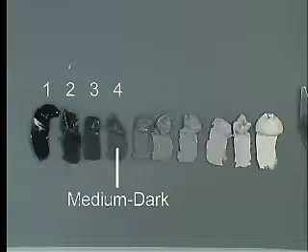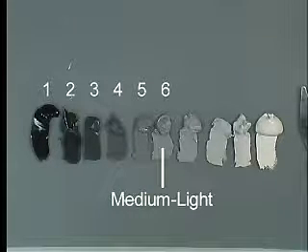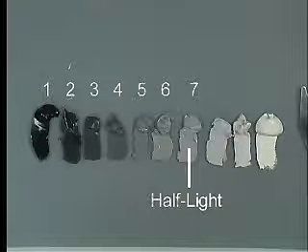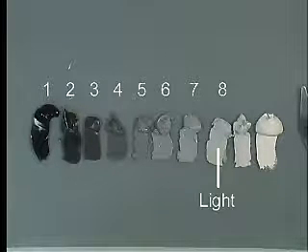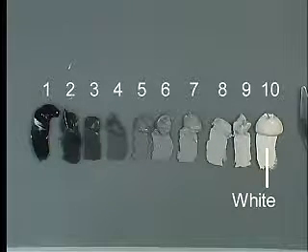Value 4, medium dark. Value 5 is medium. Value 6, medium light. Value 7, half light. Value 8, light. Value 9, highlight. And value 10 equals white.